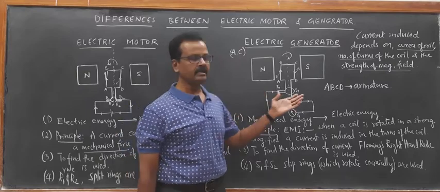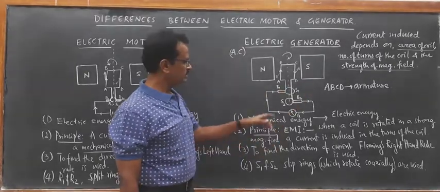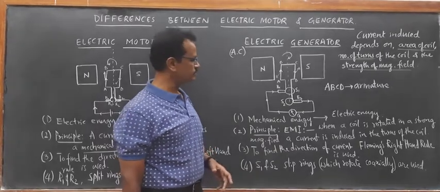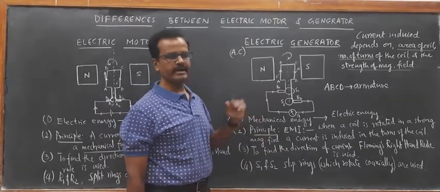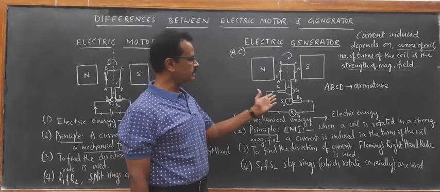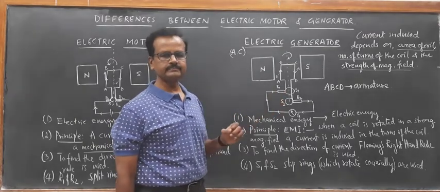In case of AC generator, two separate slip rings S1 and S2 are used, which rotate coaxially, and they conduct the alternating current.